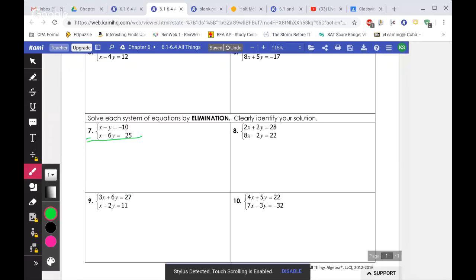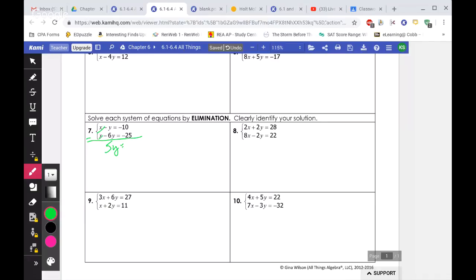So x minus x, and that cancels or eliminates those, which is the goal. And then we have a minus y minus 6, which would turn that to positive, which means you've got a -1 plus 6 to give you a plus 5y.